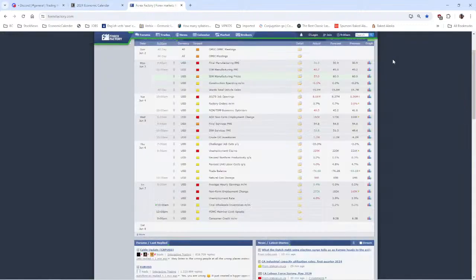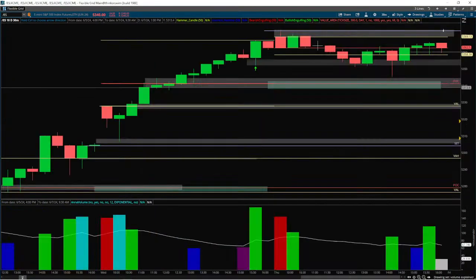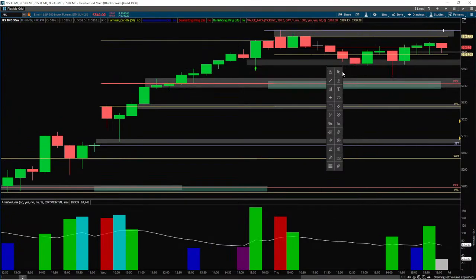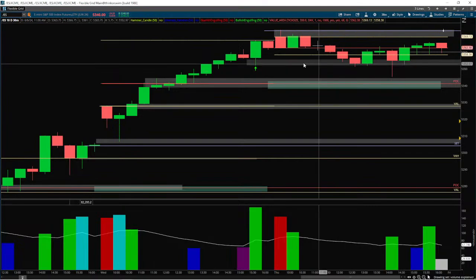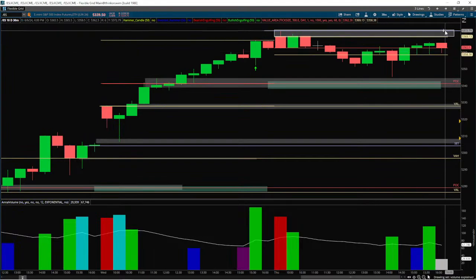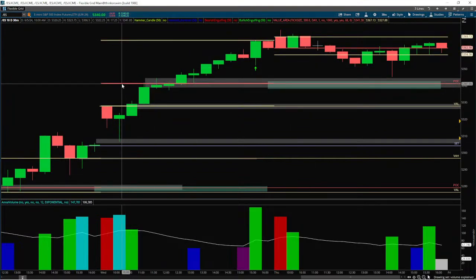So let's go into my value areas like I usually do, even though we broke way below them, just for muscle memory purposes. I'm going to clear the charts and create my value area.